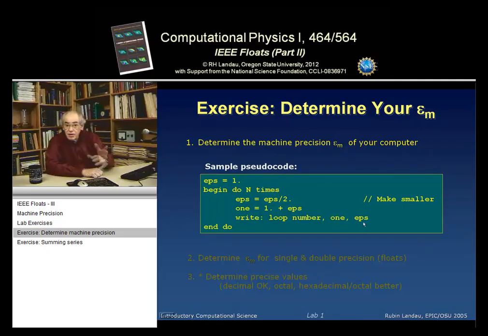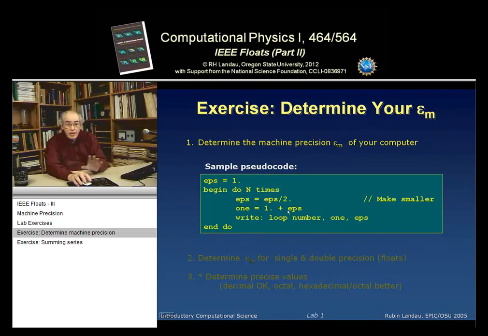And make sure it's printed out in enough precision so that you can see all the digits, and at some point this number will be less than 1. So here in the pseudocode, notice that we add the number 1, the actual number 1 point, to epsilon. And then we print out both the number 1 and epsilon.